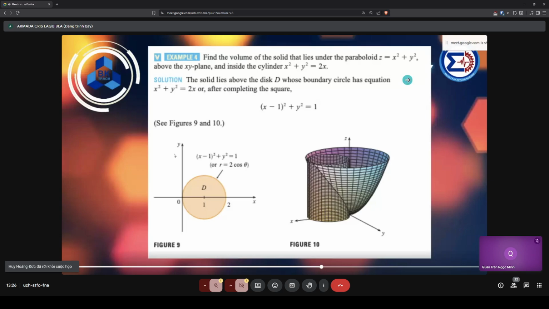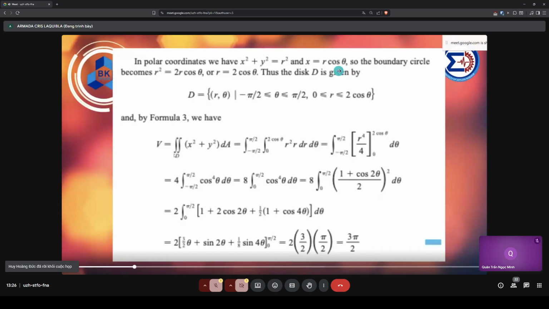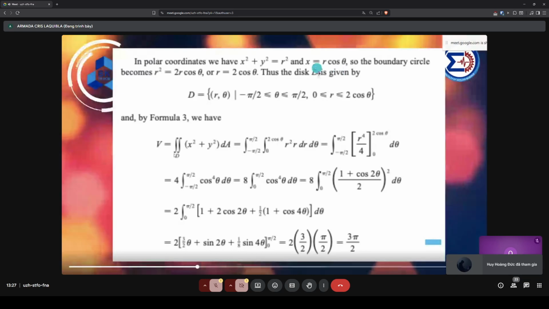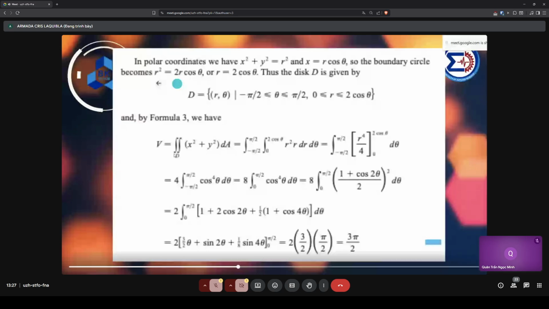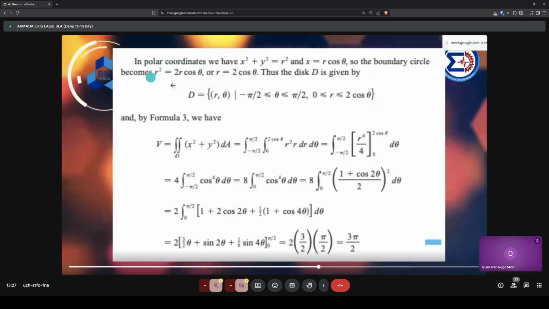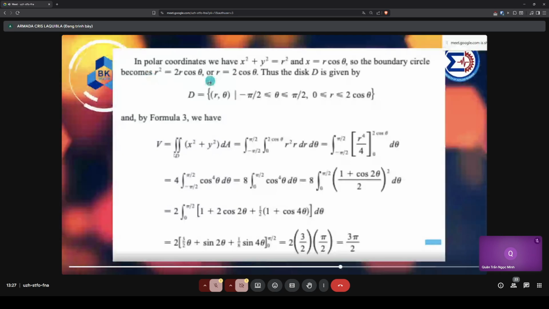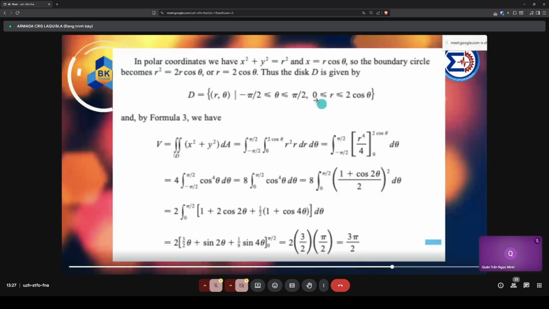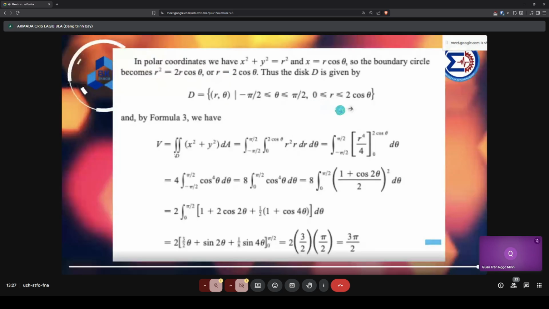And there's the explanation here about your radius. It's here, x is equal to r cos theta. So your r squared there is equal to 2r cos theta because that's equal to 2x. You can divide it by r on both sides. So your r there is equal to 2 cos theta. Thus, the disk D is given now by, so the radius is from 0 to 2 cos theta.